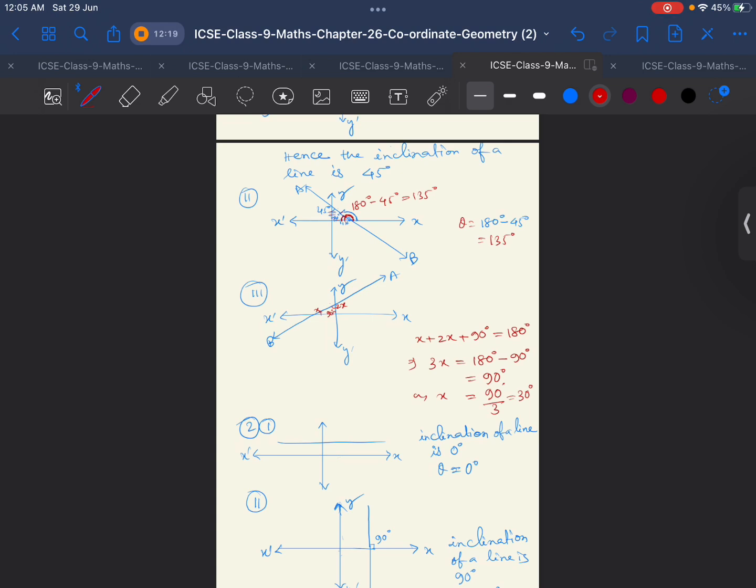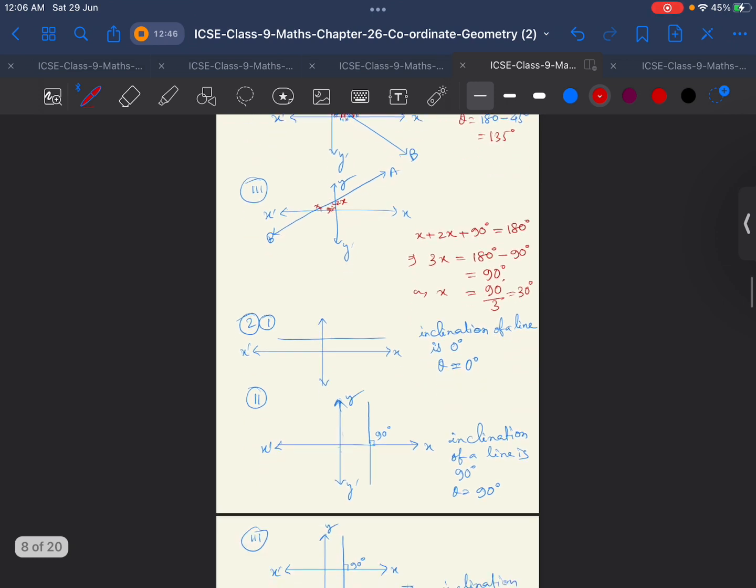This is 90 degrees, so this will be 45 and 45, and we need the inclination in the anti-clockwise direction of the line. Here the total angle is 180 and this is 45, so this will be 180 minus 45, which is 135.